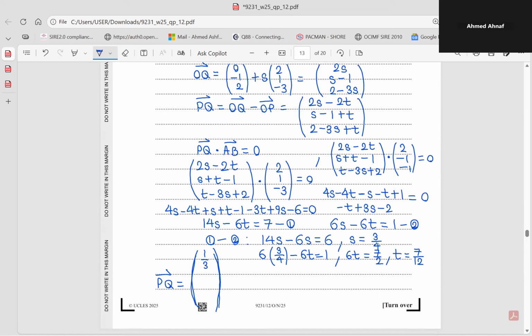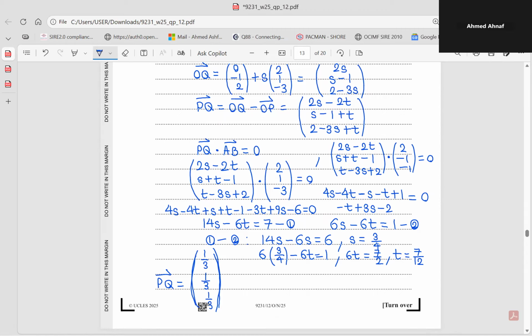Then S plus T minus 1: S is 3 over 4 plus 7 over 12 minus 1. Okay, again, it's 1 over 3. And then T minus 3S plus 2, so 7 over 12 minus 3 times 3 over 4 plus 2.